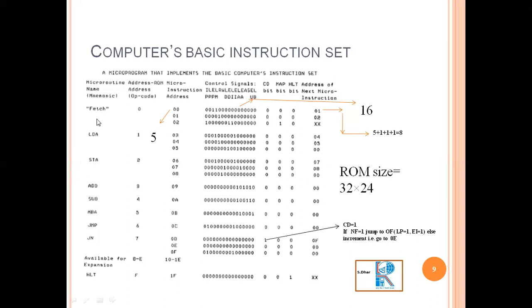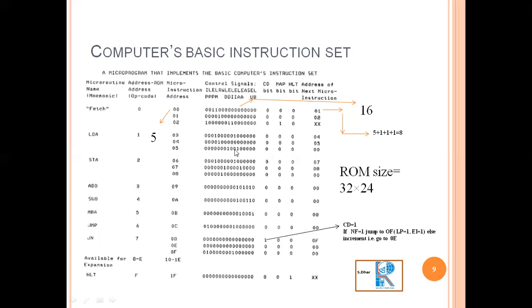For STA, first it will fetch the instruction, then in this line it will decode the instruction. It is STA, so what should be the value of the address? It has to jump from these map bits. The processor will know it has to jump to this address. What should the address be? As it is STA, the address should be 2. So it will jump from this fetch directly to the STA.